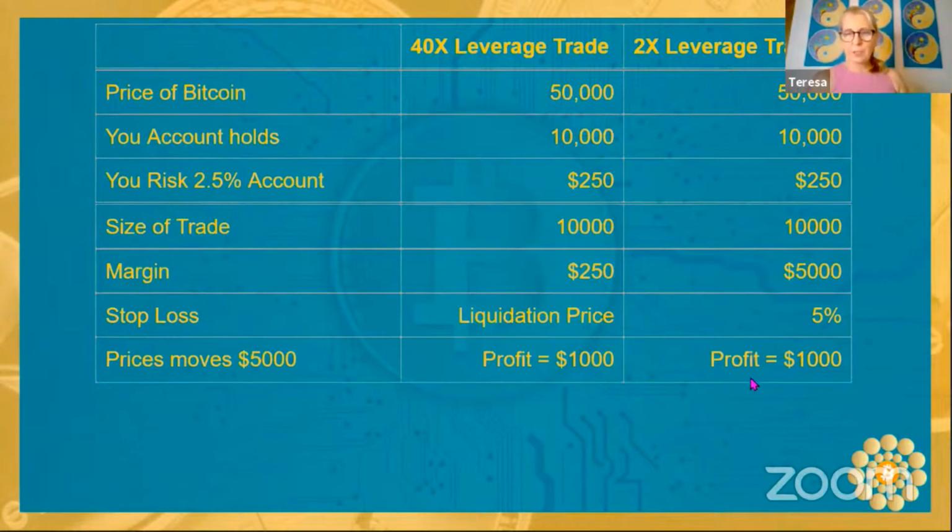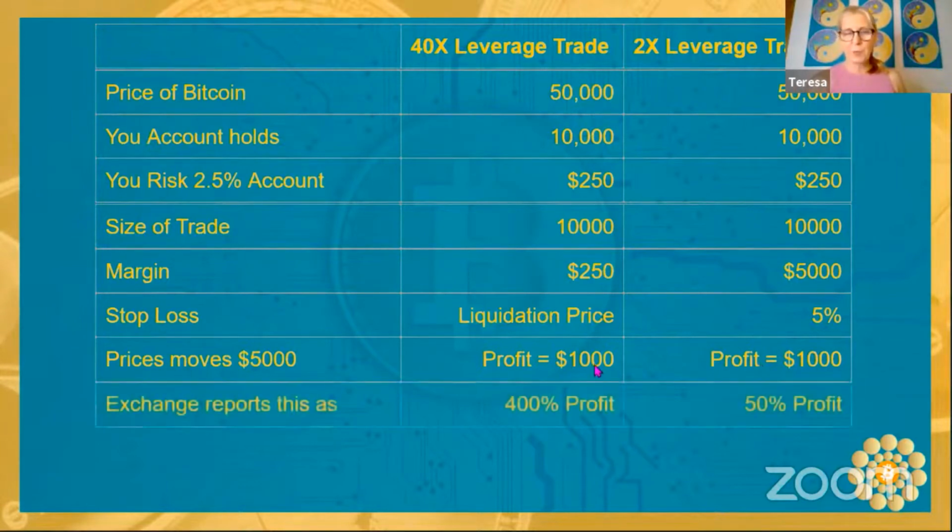Now, interestingly, on this same trade, because it's a $10,000 trade, if the price moves $5,000, you're going to make the same $1,000. So the amount of leverage you used didn't affect the amount of money that you made on the trade, right? What's different about these two trades is the exchange is going to tell you in this case, you made 400% profit.